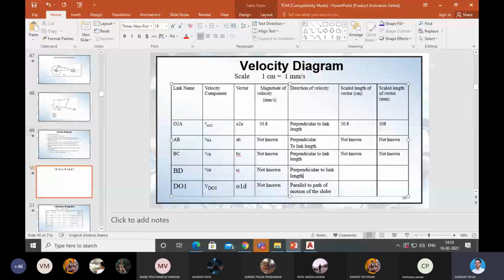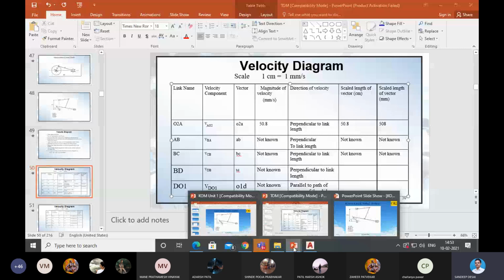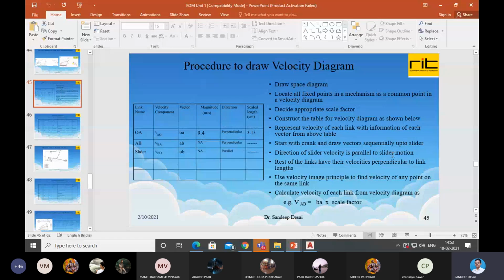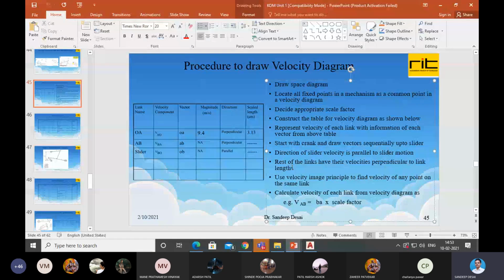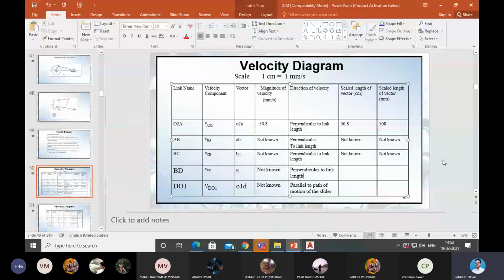Please keep this in mind. This is the important point you should note down. I have mentioned it very clearly here. Direction of slider velocity is parallel to path of motion of the slider, and the rest of the links except the slider have their direction of velocities perpendicular to link lengths. Is it understood?